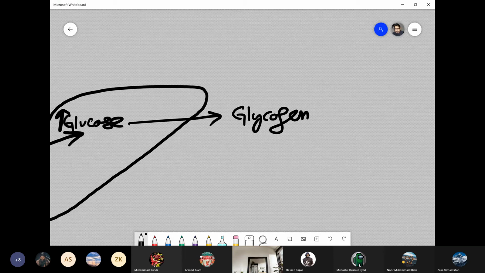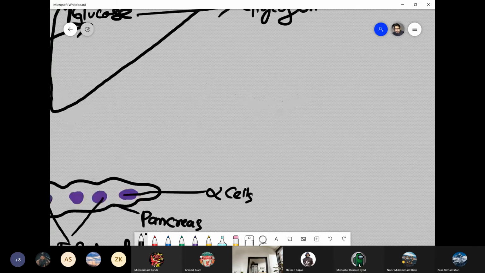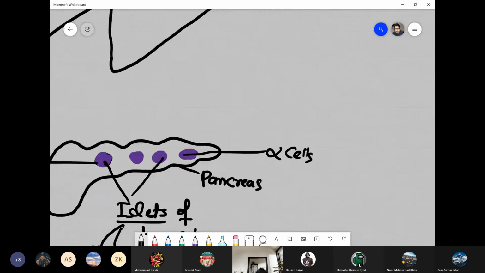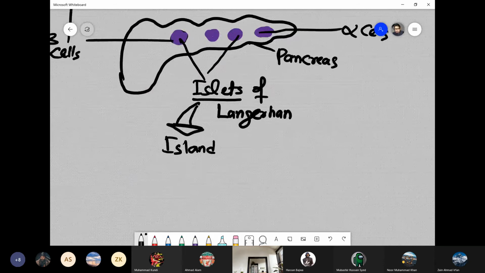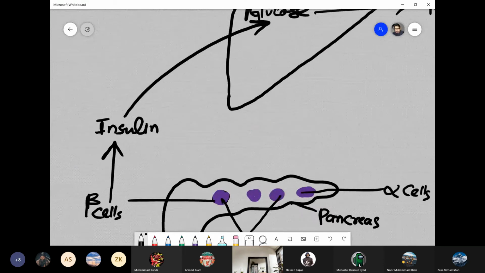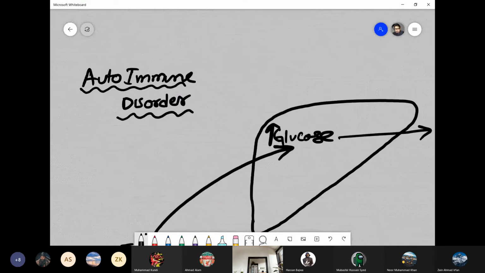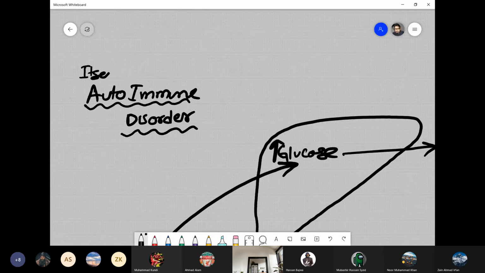In maintaining the blood glucose level. Now, what happens in an autoimmune disorder or disease? The word auto means itself.